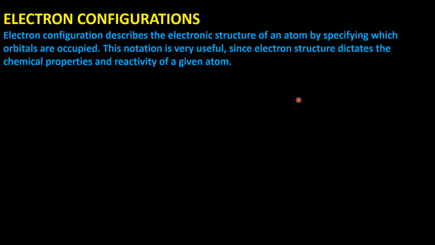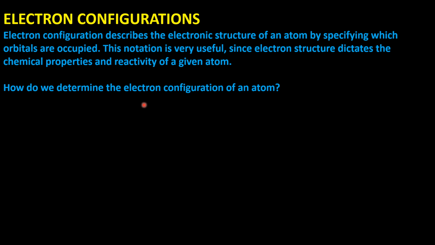So the reactivity and chemical properties of any element depend on the electronic configuration, which in turn is determined by the structure of an atom. So electronic structure is very important from the point of view of properties and reactivity of an atom.